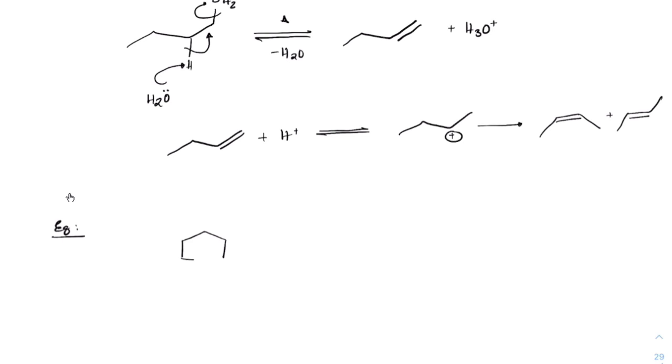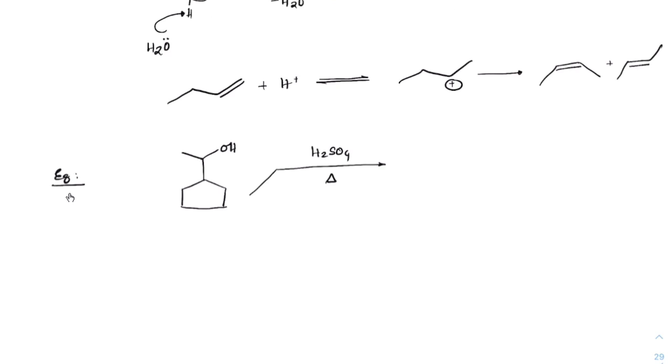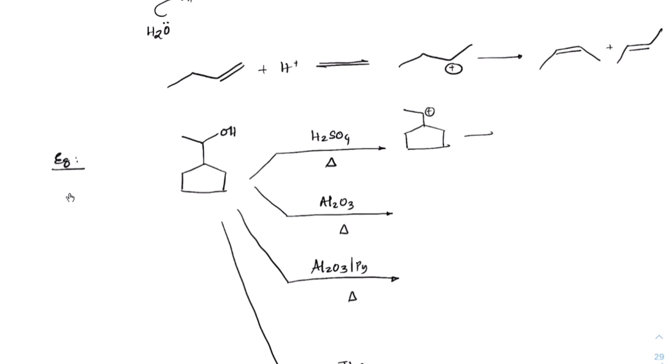Suppose in case we have OH on this one, and I gave you various compounds, various reagents, you just have to work out what should be the product that you can get. First with H2SO4, next with Al2O3 and heat, it will undergo ring expansion.